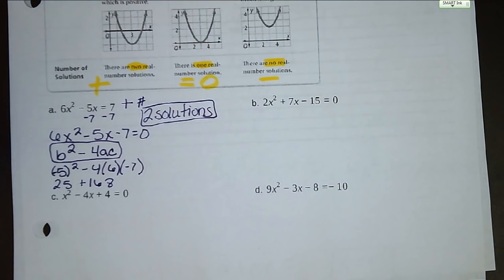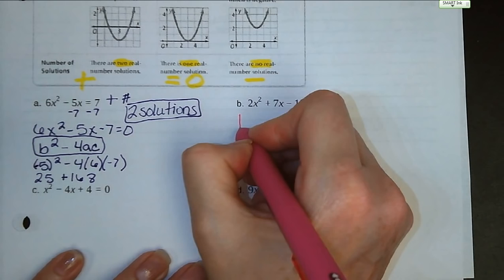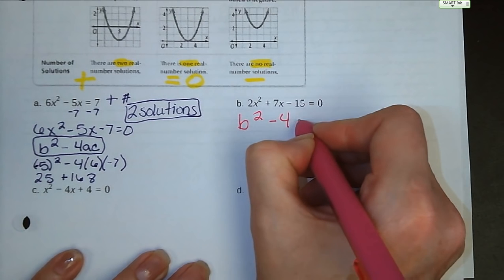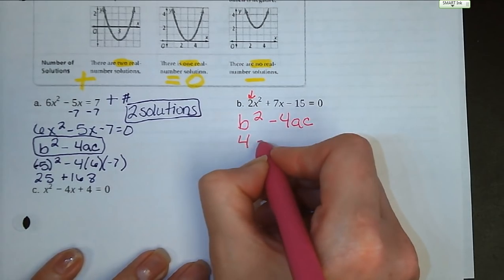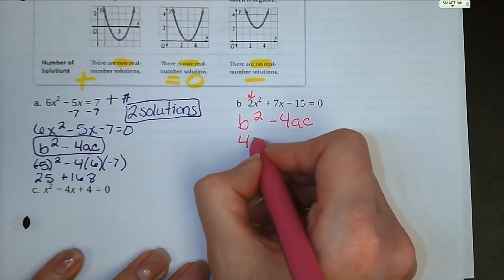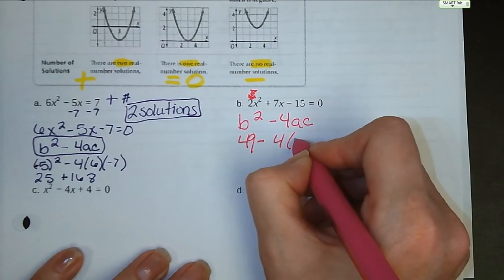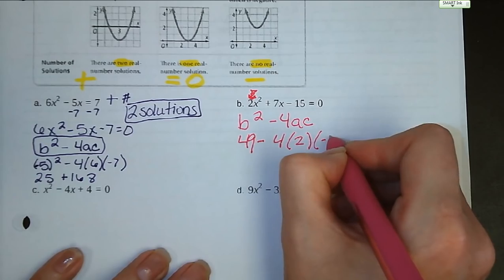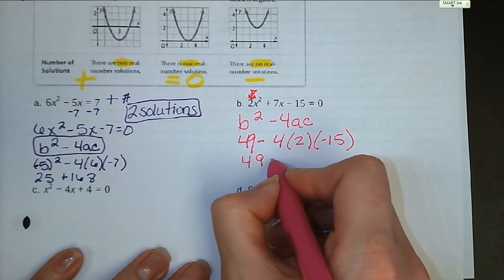Letter B, 2x squared plus 7x minus 15, already in standard form. So b squared minus 4ac, we've got 7 squared is 49, minus 4 times 2 times negative 15. Minus negative, which is plus, and when you do all that math, you get 169.